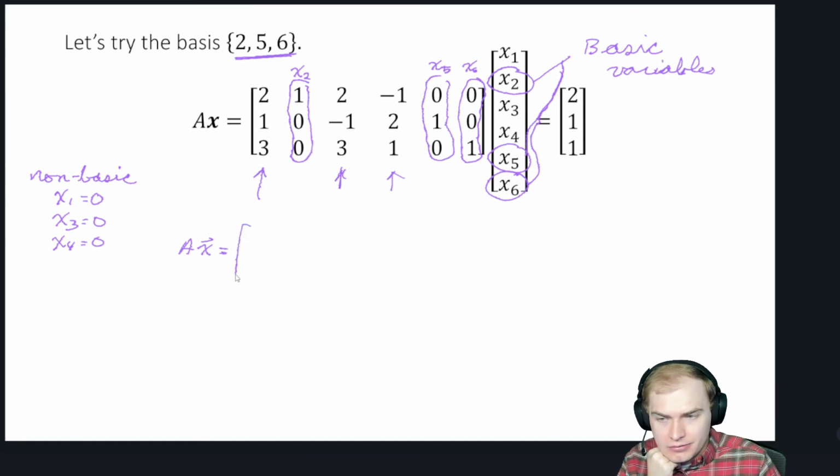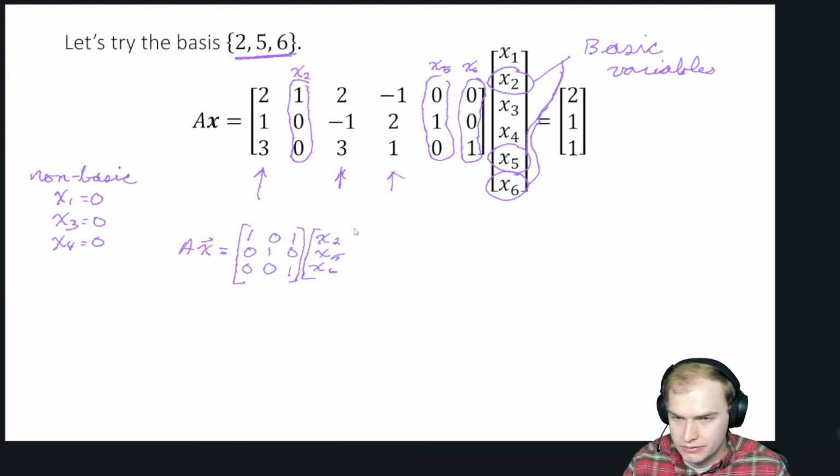So instead, we're left with column 2, column 5, and column 6 times our basic variables, x2, x5, and x6.